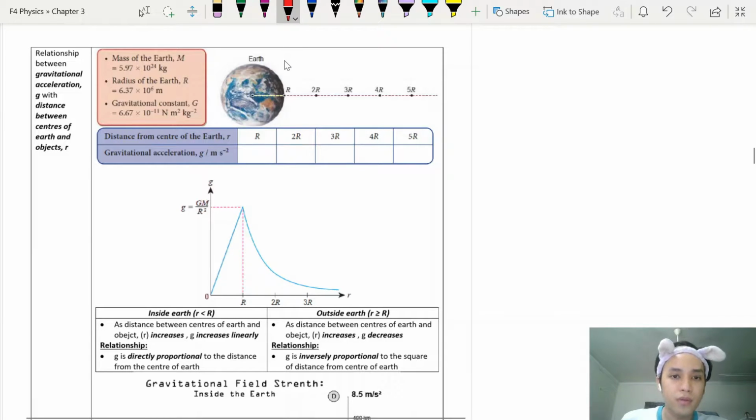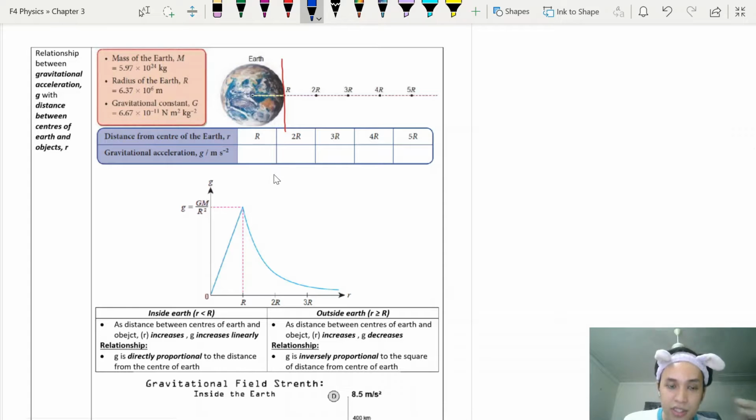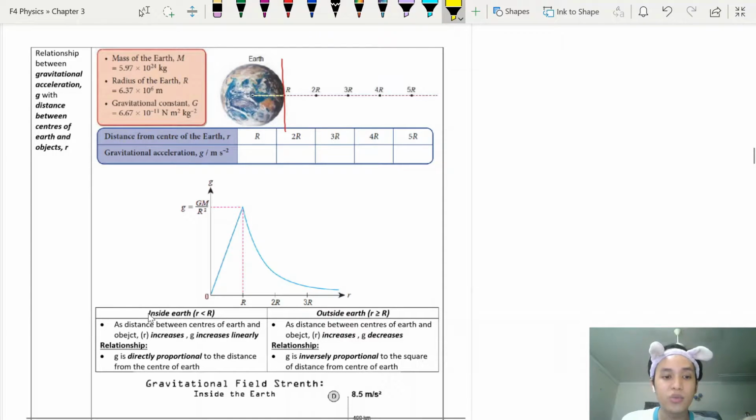I'm going to draw a line here to separate. Now, the gravitational acceleration, as I've mentioned in the top part, depends on your mass and also your radius or the distance. Now we are going to see what happens to the gravitational acceleration in two different conditions. One is when the object is inside Earth, another is when the object is outside of Earth.